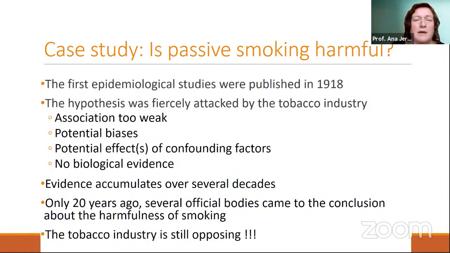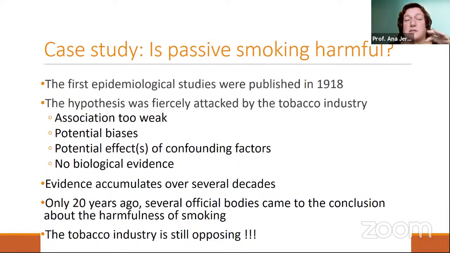Passive smoking. The first epidemiological studies trying to solve this question appeared in 1980. From that time, the tobacco industry attacked lots of studies on the same topic, claiming that the association between passive smoking and different diseases is weak. There are many potential biases, as is normal in observational studies.